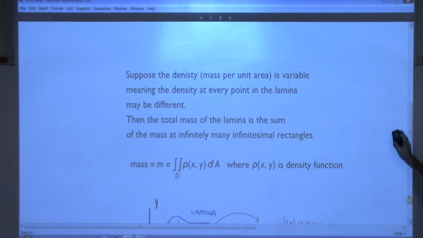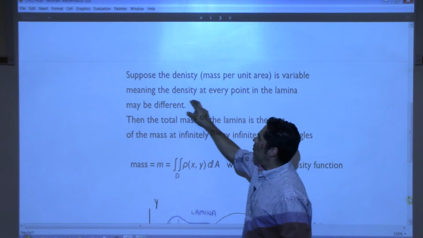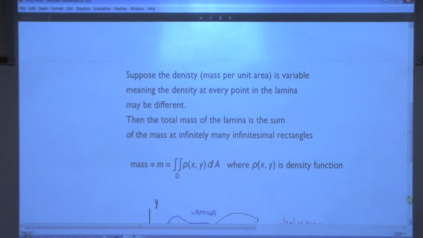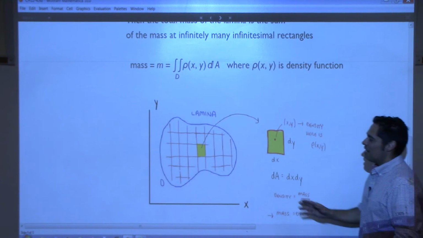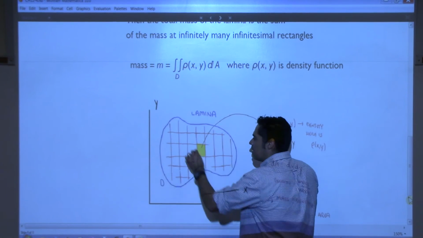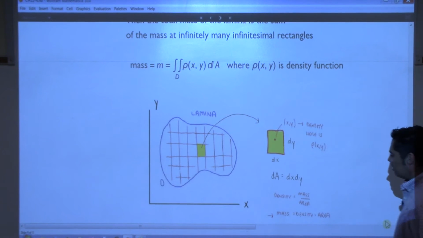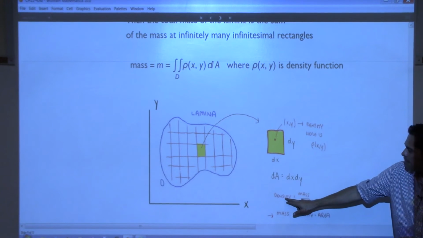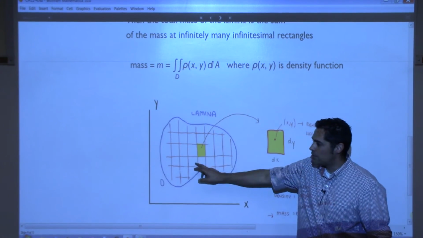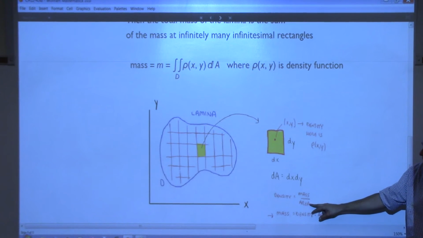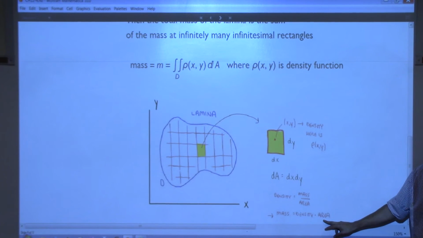So suppose the density is variable. Then the total mass of the lamina is the sum of the mass at infinitely many infinitesimal rectangles. So you're basically cutting up this lamina into a bunch of little tiny rectangles, and you're finding the mass at each one. If you know the density at every point, so that has to be given to you, density being mass over area means that you can solve this for mass, and mass would be equal to density times area.